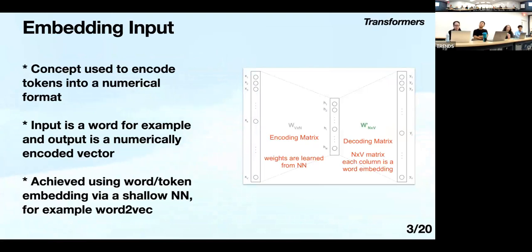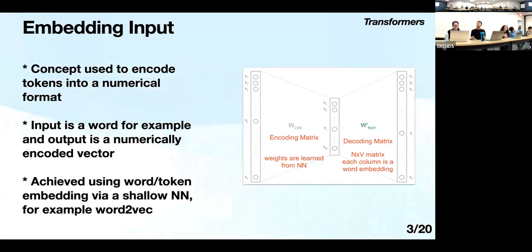So how does this embedding work? Embedding the input means we need to take these tokens, which might be in some kind of character format, and turn them into some type of numerical input that still contains the meaning and the underlying idea of what the token represents with respect to the other tokens.